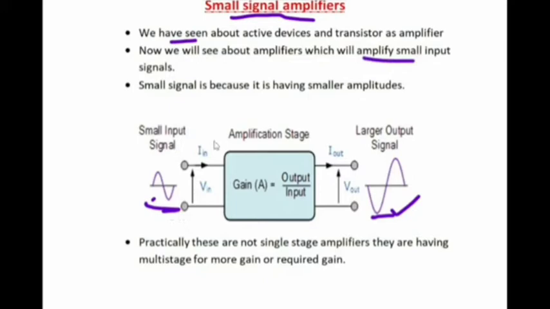In small signal amplifiers, at the practical stage we will not get enough amplified output to drive a load which requires heavy voltages or currents, but we can drive small buzzers and small LEDs which have a rating of 2 volts or 5 volts, but not more than that.